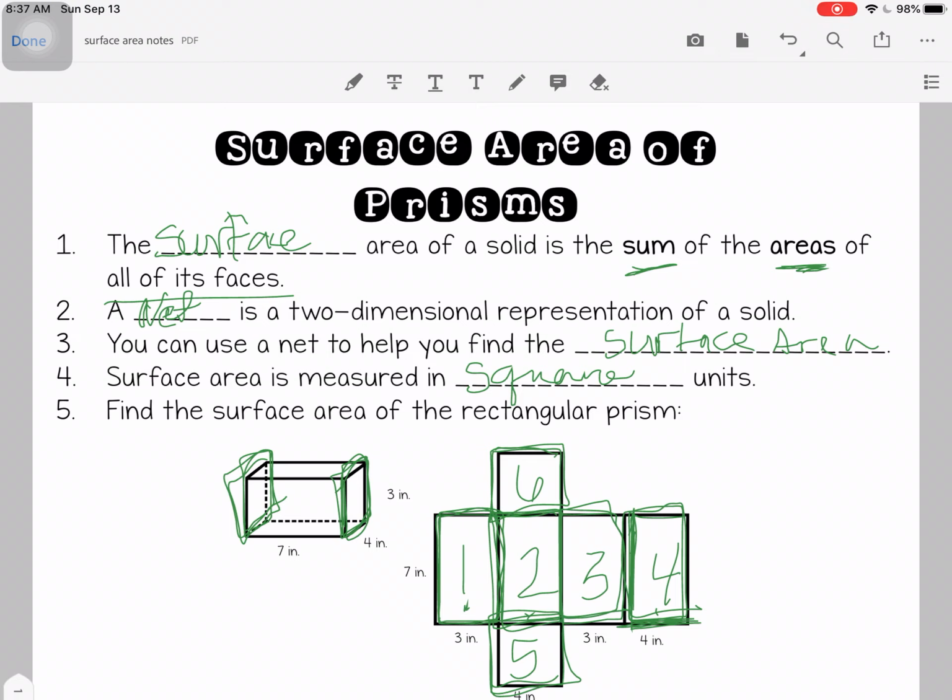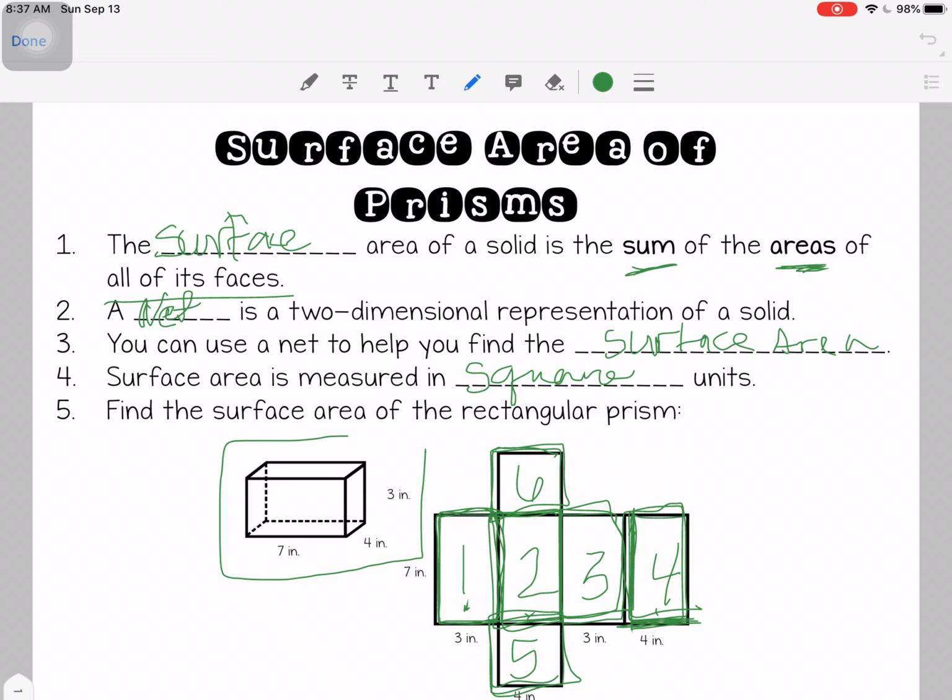Now let's recap. The surface area of a solid is the sum of the areas of all of its faces. When you think about surface area, you're thinking about maybe wrapping something with wrapping paper. If I was to wrap this box with wrapping paper, I would find the surface area so I can have the exact amount of paper needed to cover it.